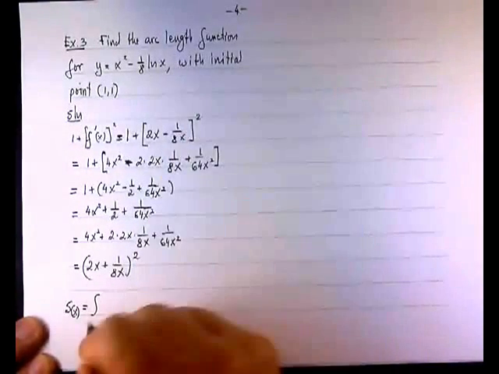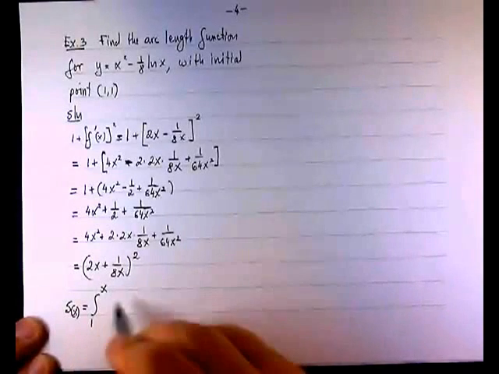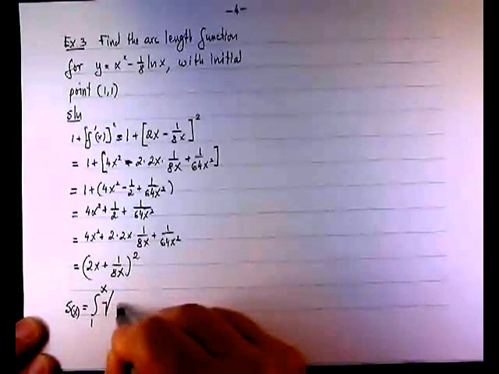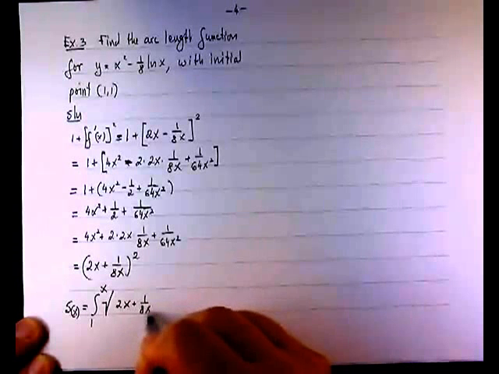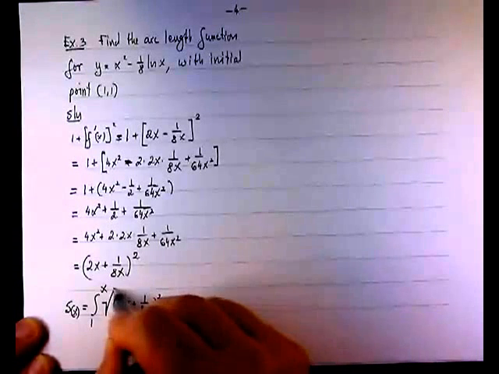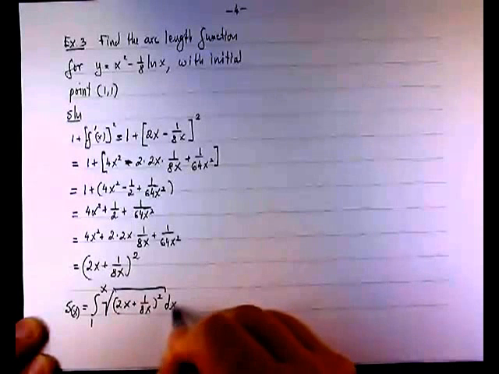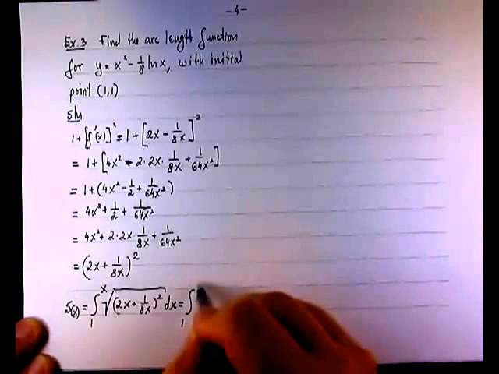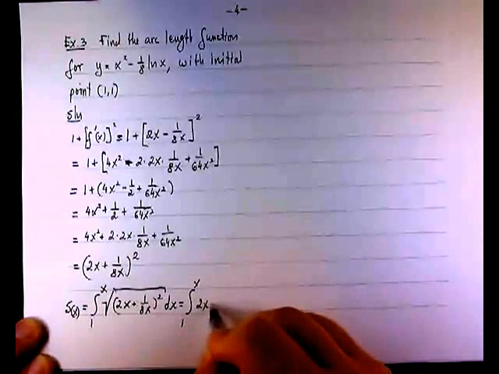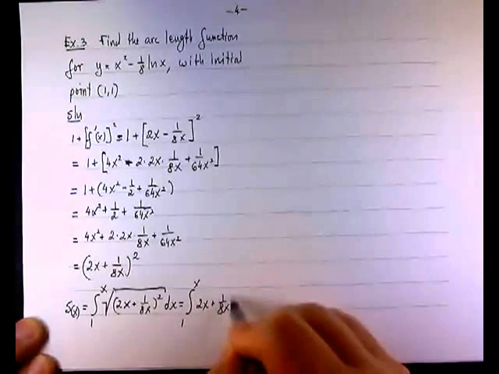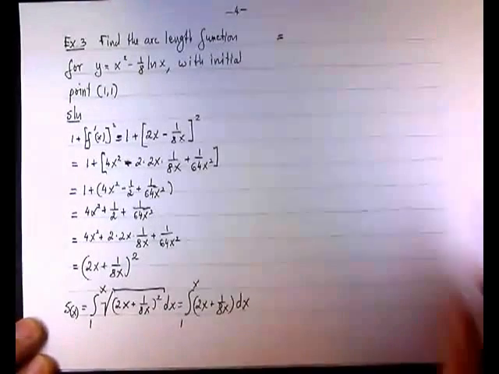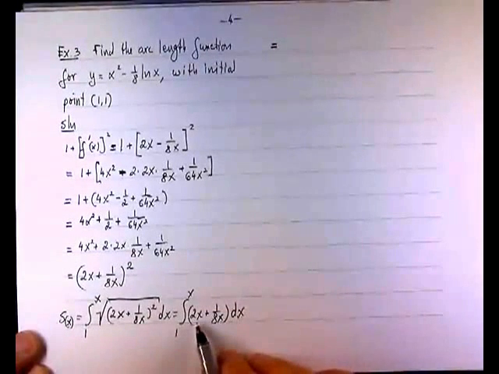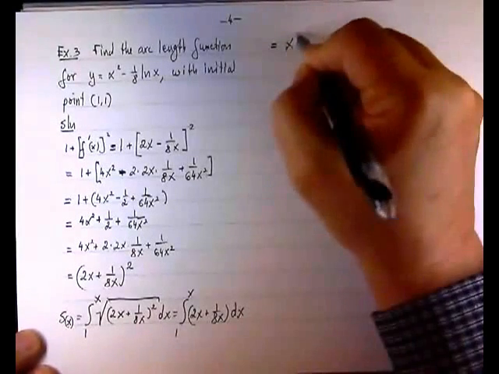Now, we're going to say that the function is the integral from a to x, where a is 1, from 1 to x, of the square root of this thing. So now this is a fairly simple integral, right?